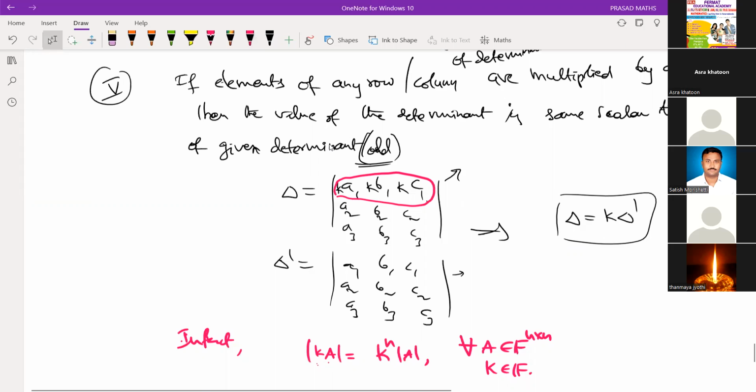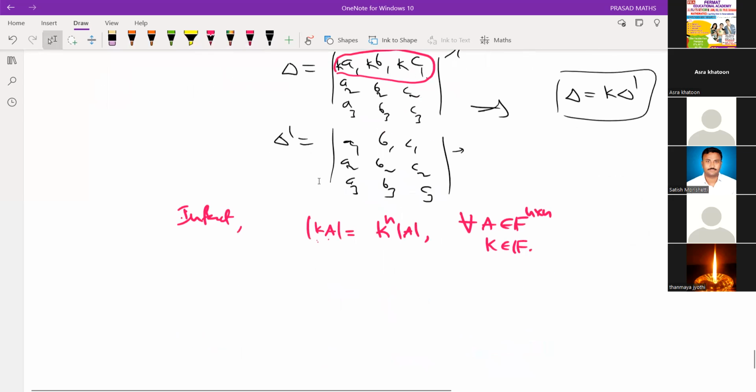The matrix obtained by multiplying each element by scalar k. Therefore, you are getting k in every row. Once you have a k in a row, you can take it outside. Similarly for the second row, and the third row. How many k's? k into k into k, n times. Therefore, k power n into det A. This property is very, very important.